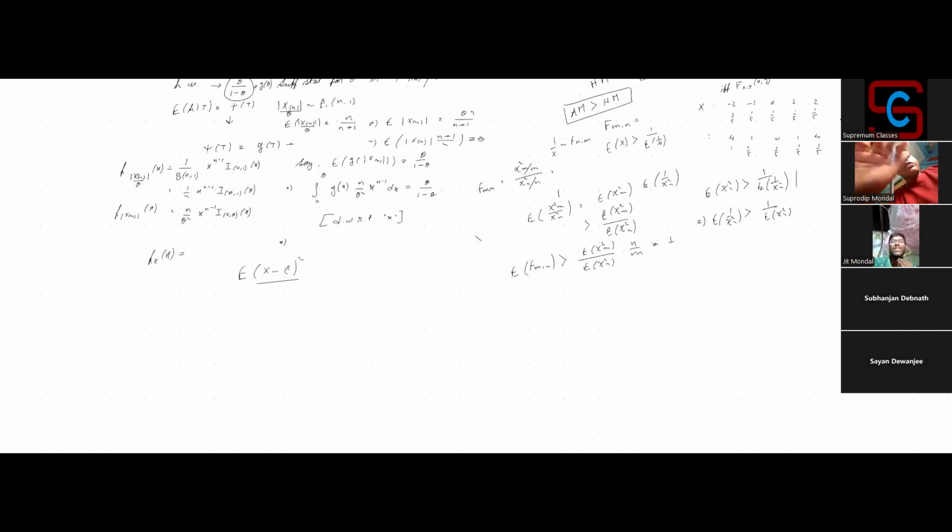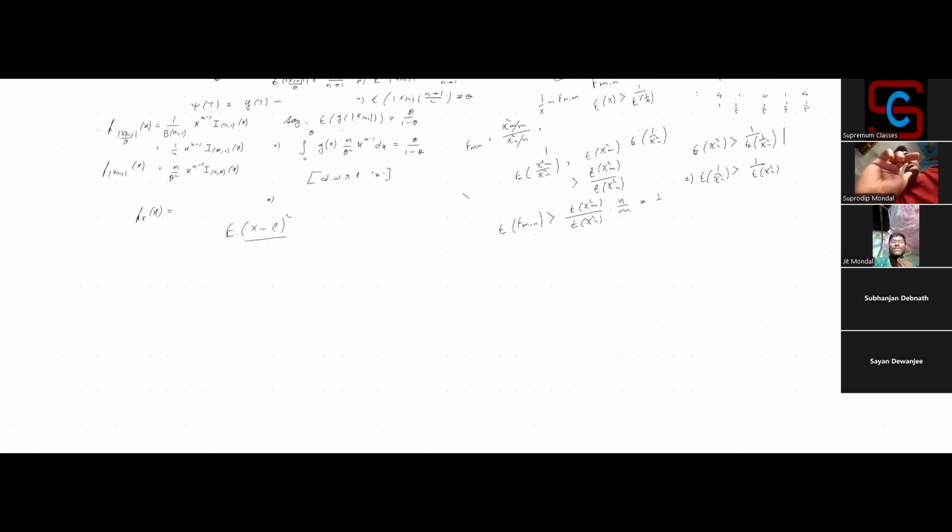The mean will converge in probability to the expectation of the random variable when the sample is very large. But when the sample is small, will the mean and the expectation be equal? The expectation of (x minus c) squared should be minimized if c equals the expectation of x.